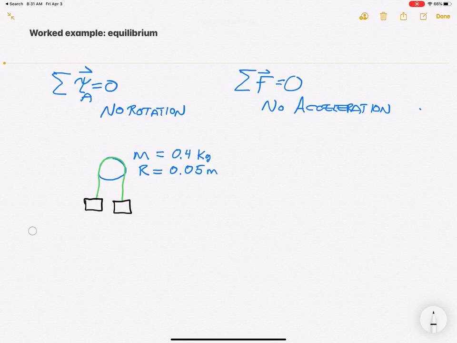So mass 1 over here, let's say it's 1.3 kilograms, and that's what we need to know. And that the mass over here is 1.5 kilograms.